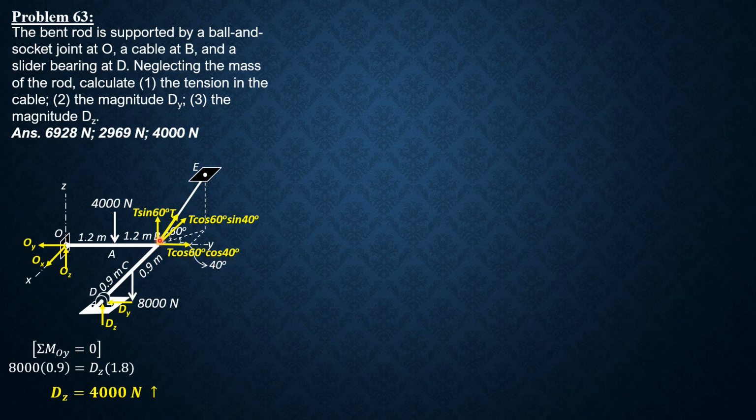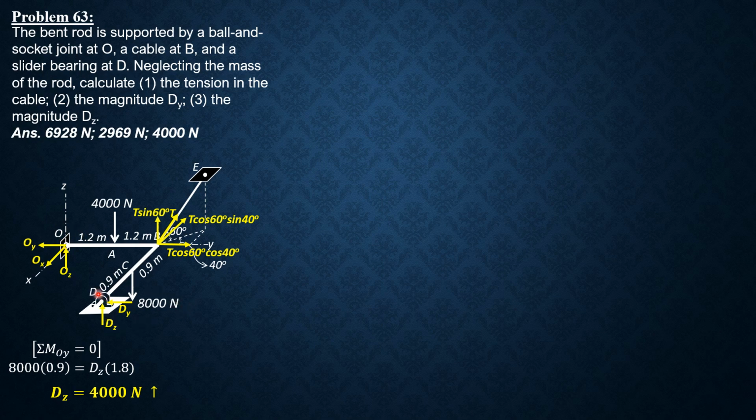And the component of the tension which has moment about OX would be T sine 60 only. This is parallel and this component passes through OX. And all reaction components at O are not involved also.